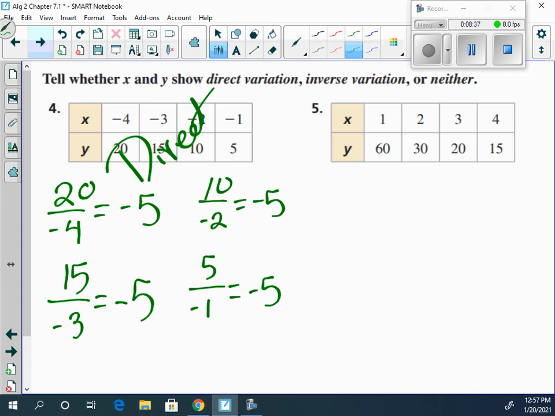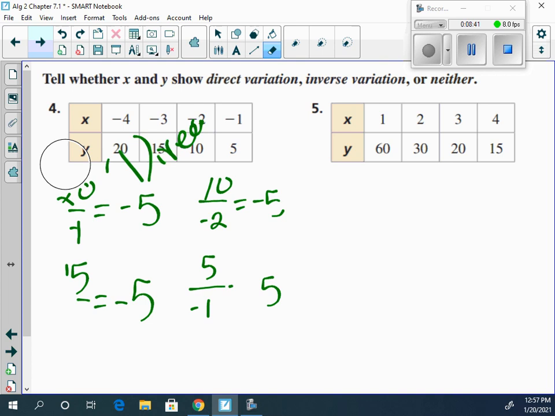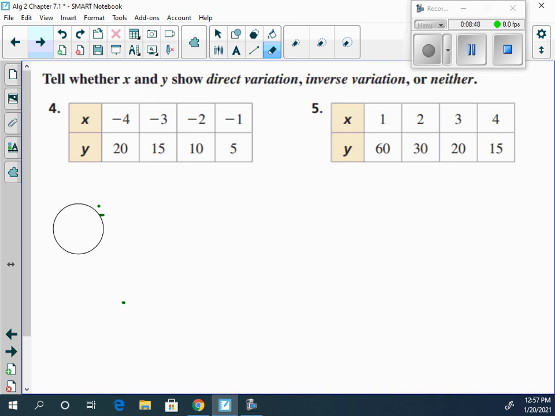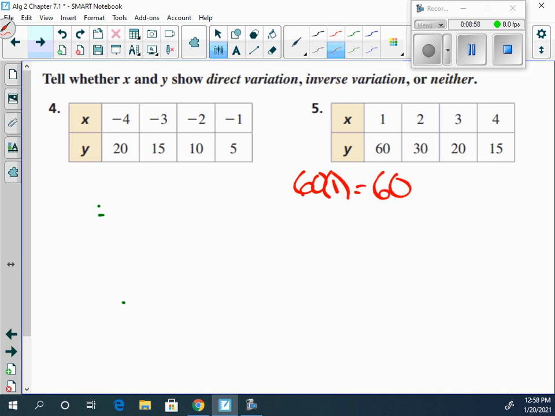Let's do this last one here. We have 1, 2, 3, 4, and 60, 30, 20, 15. So inverse. We can do 60 times 1, which would be 60.